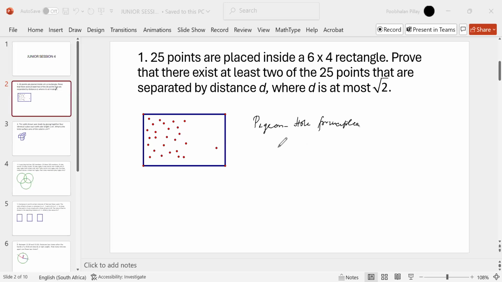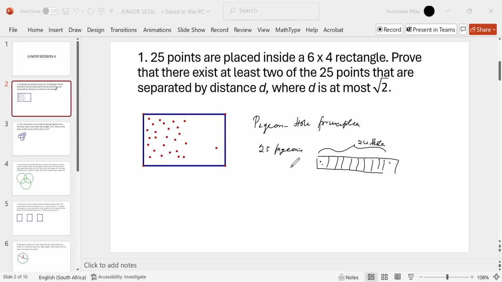If instead of this, I had 25 pigeons going into pigeonholes, these homing pigeons they use to send mails and all that, and you've got 25 pigeons and only 24 holes, then you can conclude that there are at least 2 pigeons in one of the holes.